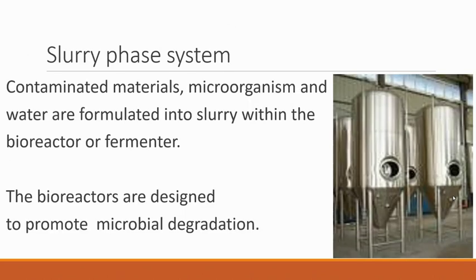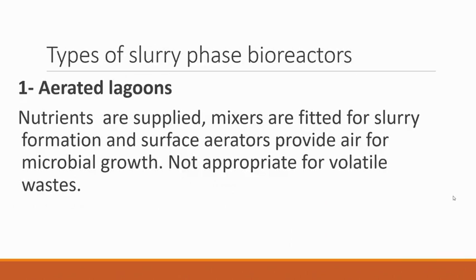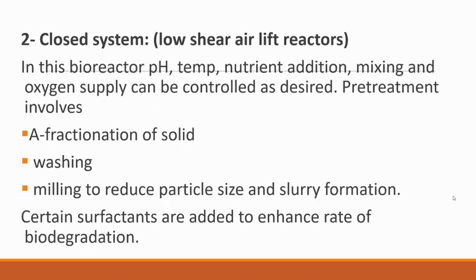Now, slurry phase system or liquid phase. Okay, the contaminated material, organisms and water are formulated into a slurry within a bioreactor or a fermenter. Do you understand? So you have a fermenter, you put the organism, you put water, and then you make a slurry so that there will be continuous contact. Now, types of slurry phase, you have the aerated lagoon. Okay, you have the closed system.